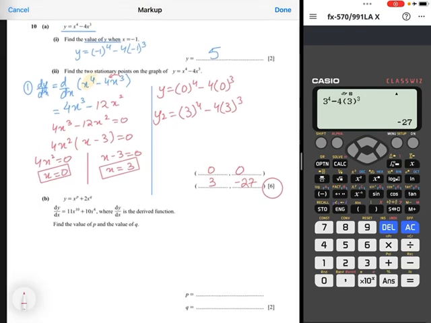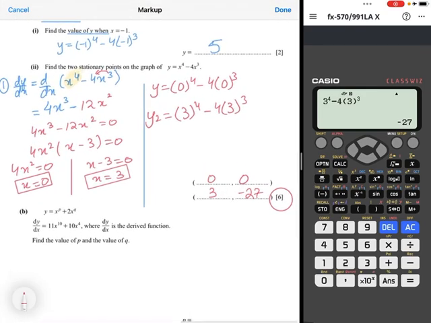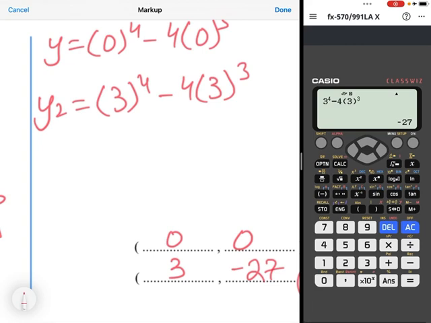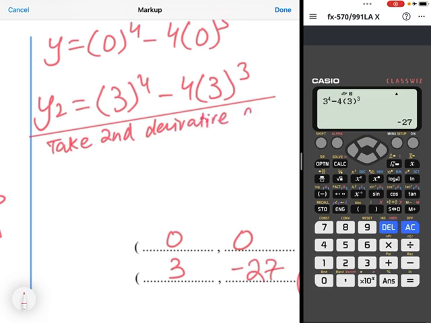Okay, by the way, in this question nothing is written about the maximum or minimum. So when you have a question like that, you have to take the second derivative to determine the nature, whether each point is a maximum or a minimum. So take the second derivative and put in x.